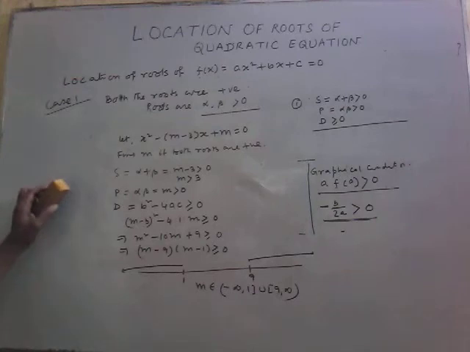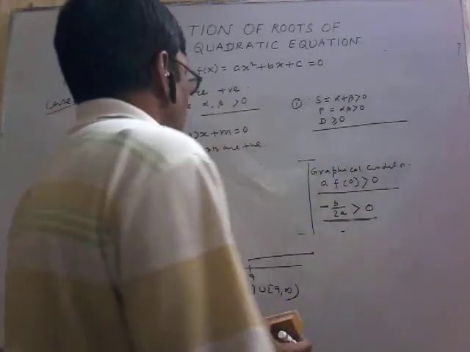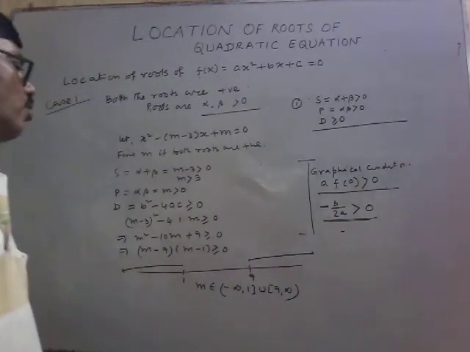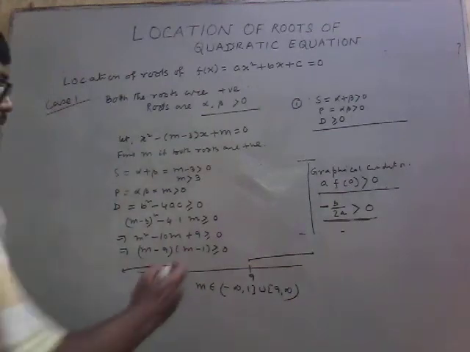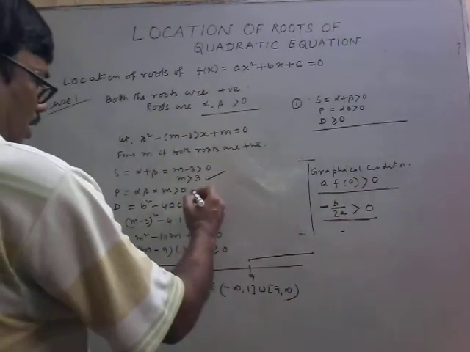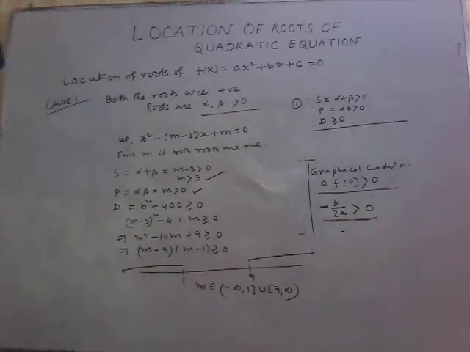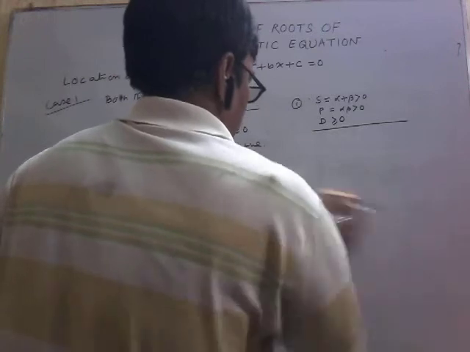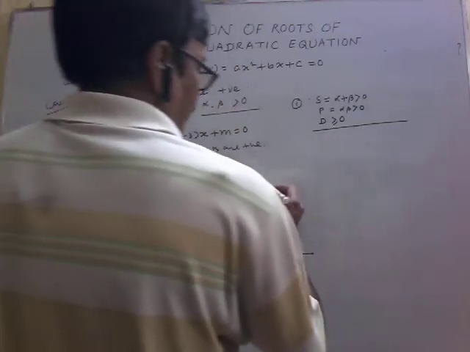So now you have to take the common region of these three. m greater than 3, m greater than 0 and this one. So what is the common region?